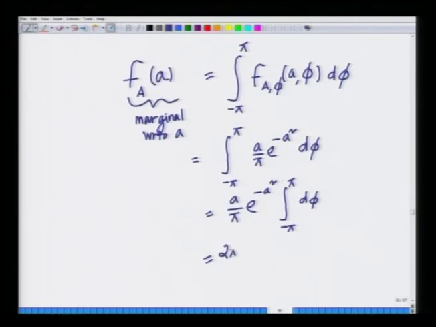So, this is 2 pi a over pi e power minus a square, which is simply 2a e power minus a square.